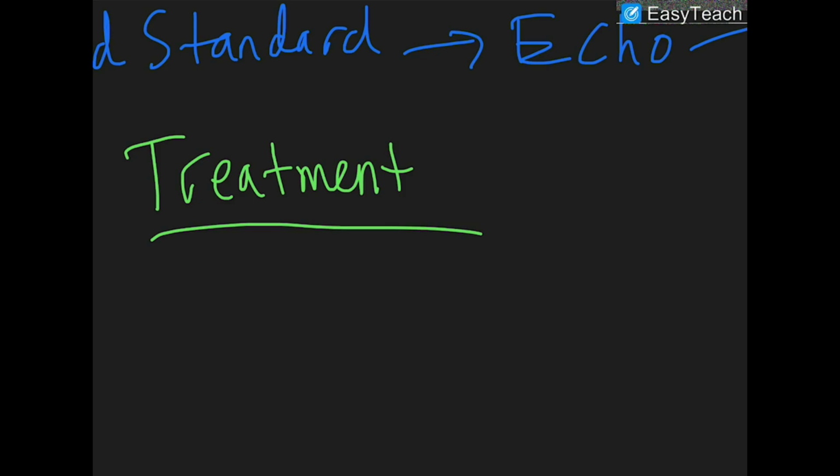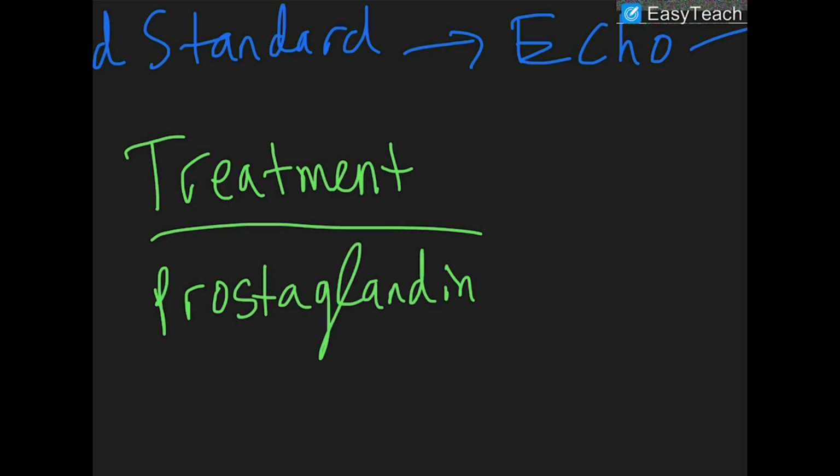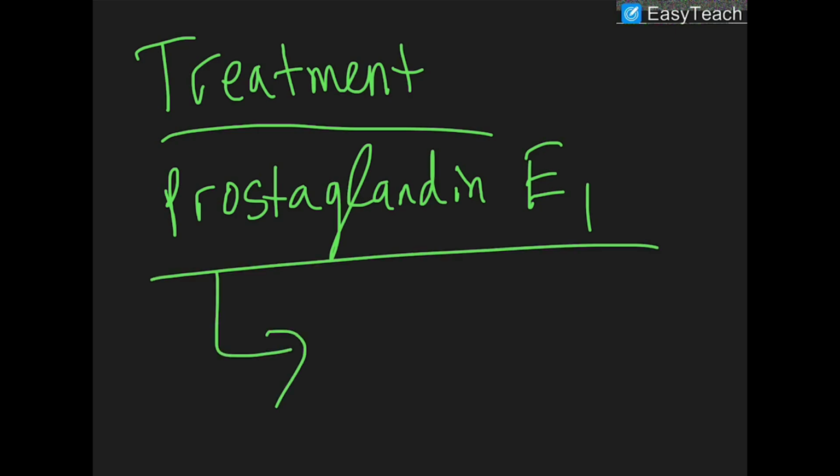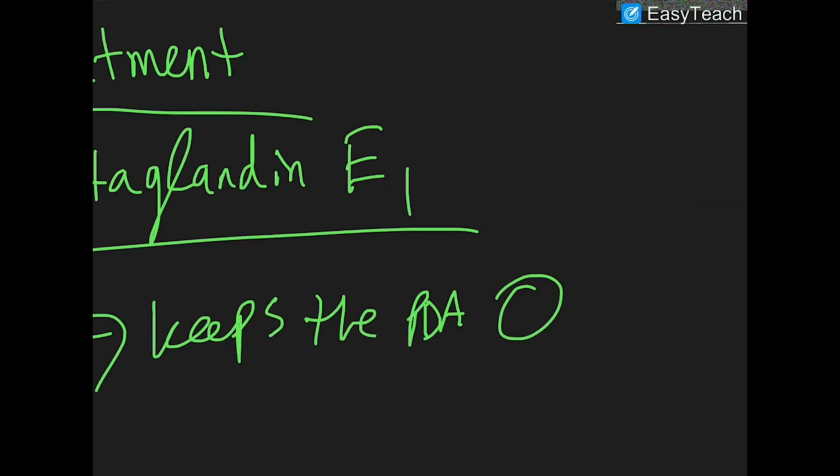So what we could do is immediately start prostaglandin E, specifically E1. Why, right? Remember, prostaglandin E1, what's its job? Its job is to keep the PDA, the patent ductus arteriosus, open.